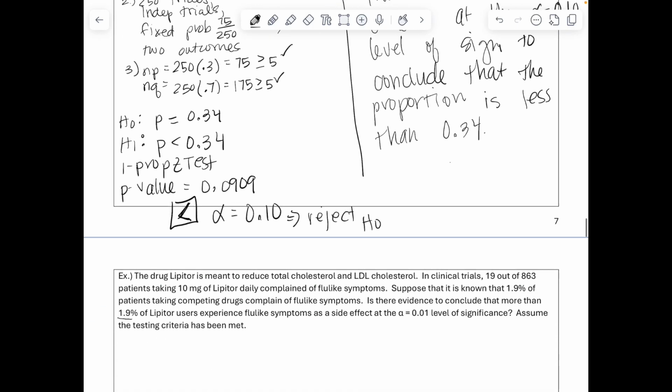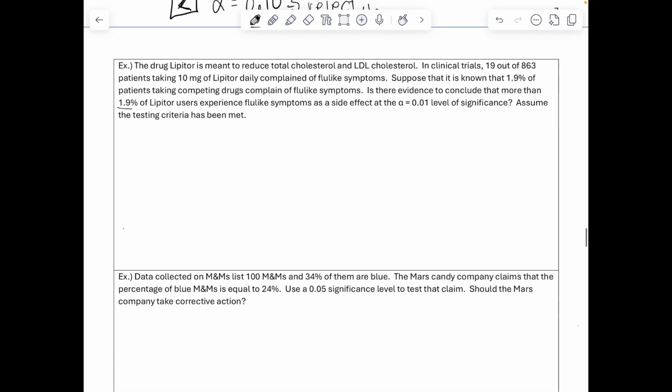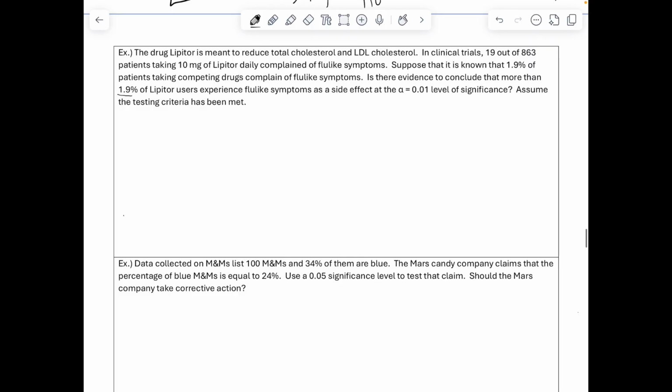So at the top of the next page, we have a word problem using the same techniques. And so for this one, it says the drug Lipitor is meant to reduce the total cholesterol and LDL cholesterol. In clinical trials, 19 out of 863 patients taking 10 milligrams of Lipitor daily complained of flu-like symptoms.